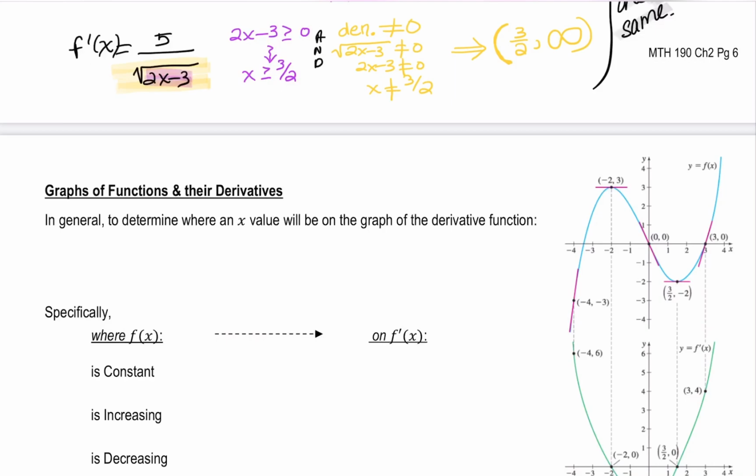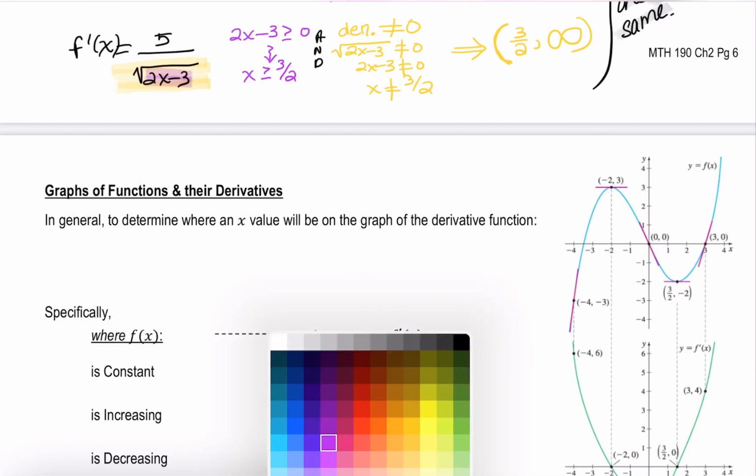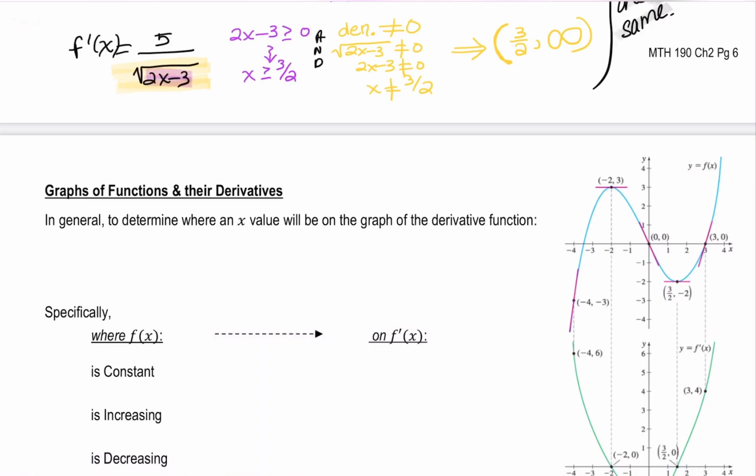So as you look at, for example, right here at -4, it looks like the slope of the tangent line. Now remember, the slope of the tangent line, that's the derivative. So it looks like f prime at -4 is a pretty steep slope.